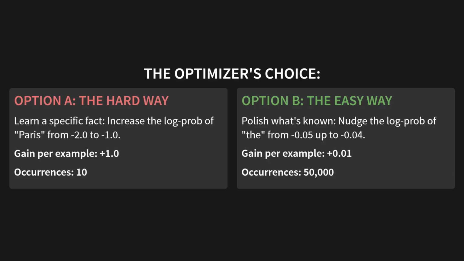It can just polish what's already known. It can nudge the log prob of a super common word like "the" from negative 0.05 up to negative 0.04. That's a tiny gain, only plus 0.01 per example, but it occurs 50,000 times.